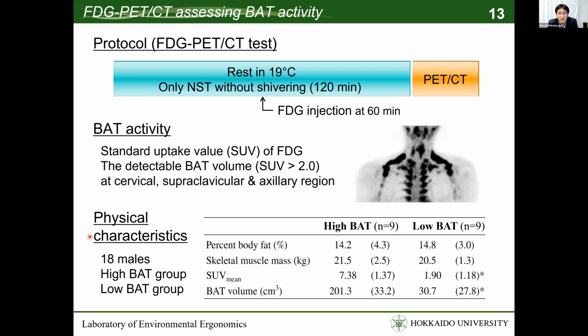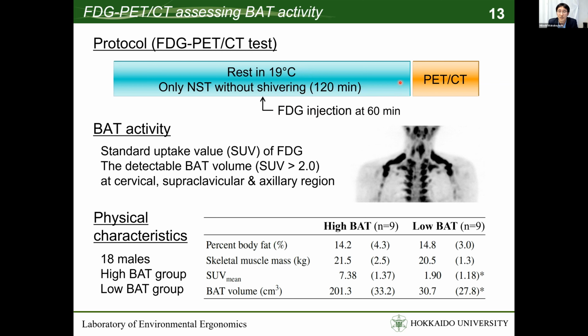So let me explain our study. That is the protocol for assessing the BAT activity using FDG PET-CT. 18 Japanese healthy males participated in this study, and they stayed in a 19 degrees Celsius mild cold environment for 2 hours, and they got FDG injection at 60 minutes.